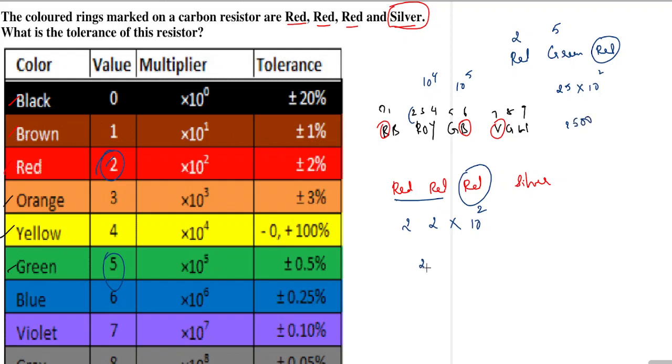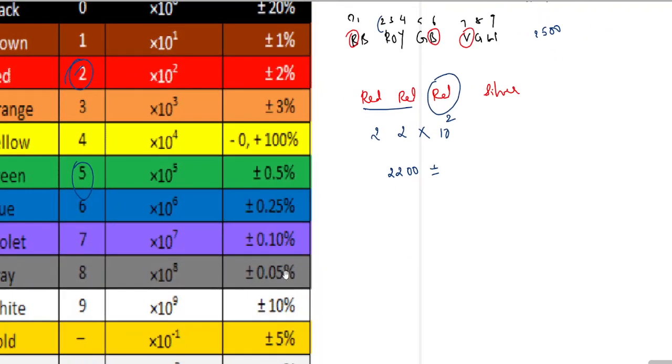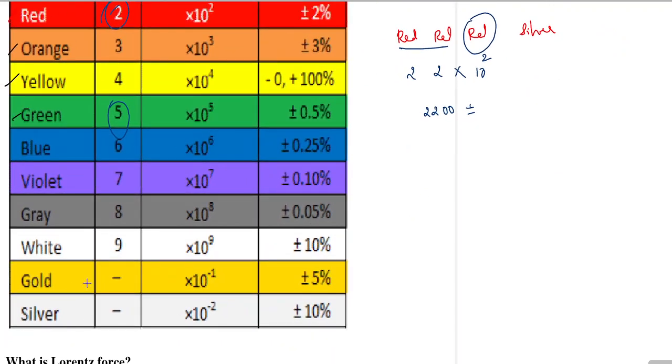In this case, it is 2200, and then the tolerance is plus or minus. There are 3 colors here: gold, silver, and no color. For gold, it is plus or minus 5%, and what is given here is silver, which is plus or minus 10%. So the answer would be 2200 plus or minus 10% in terms of ohm.